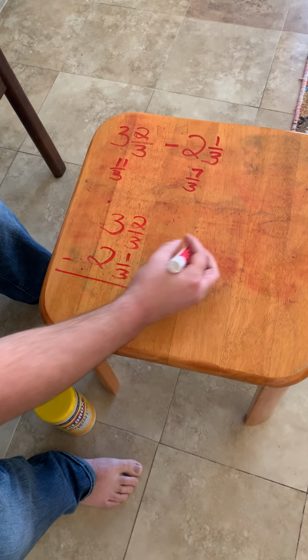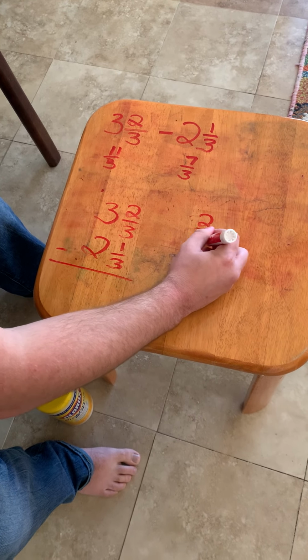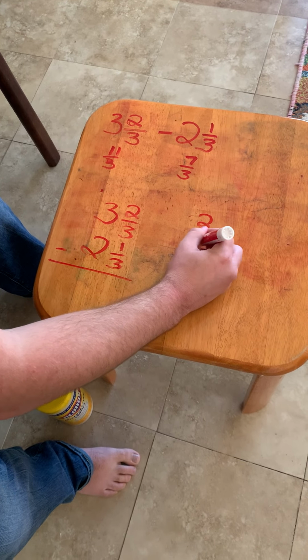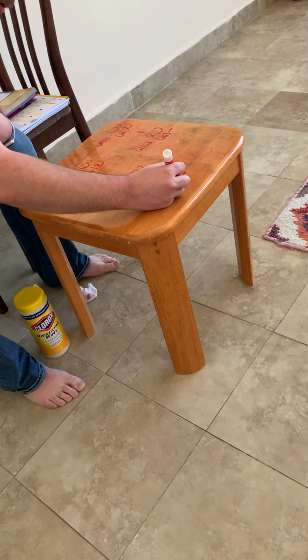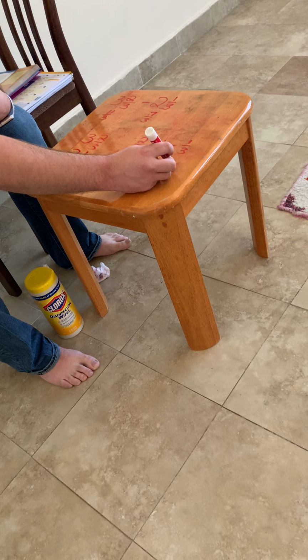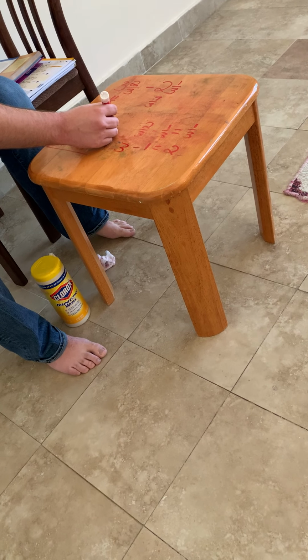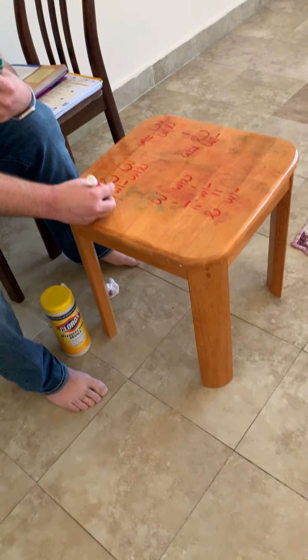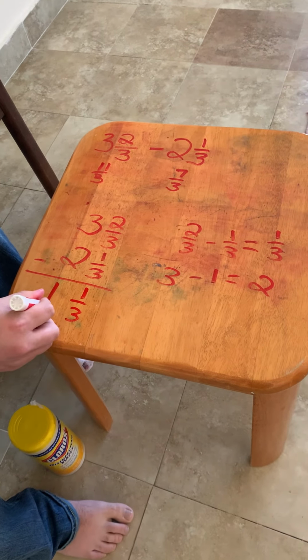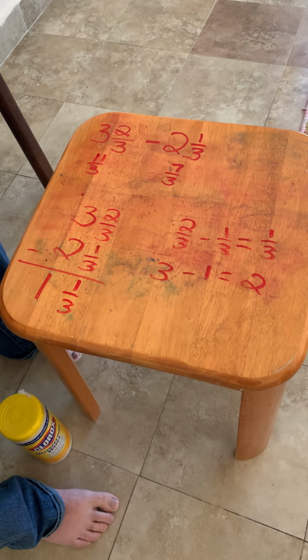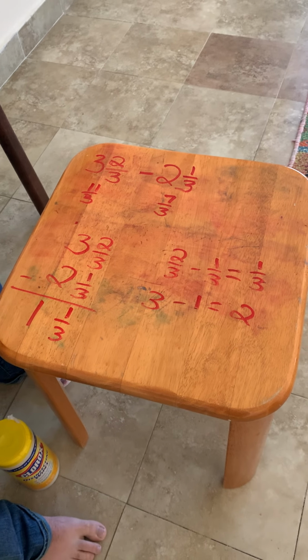This lets me see this problem as 2/3 minus 1/3 and 3 minus 1. 2/3 minus 1/3 is 1/3. 3 minus 1 is 2. You can see that over here as well. 2/3 minus 1/3 is 1/3. Get 1 1/3, just like we did before.